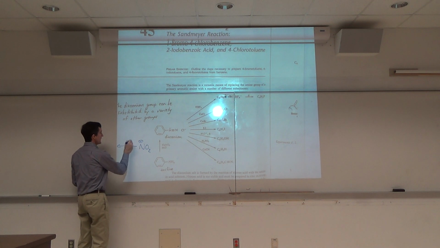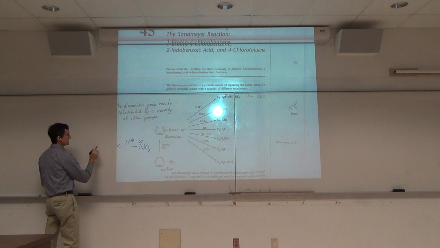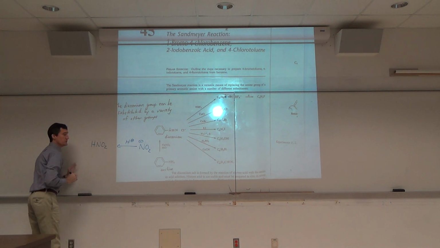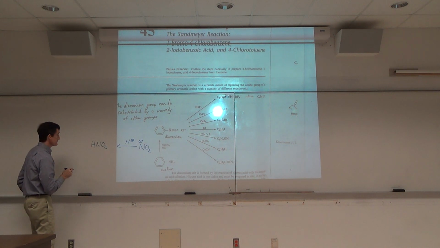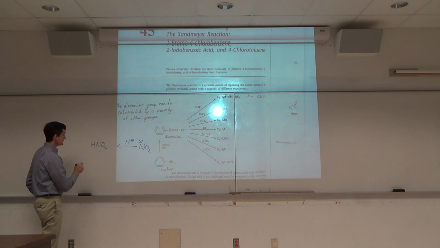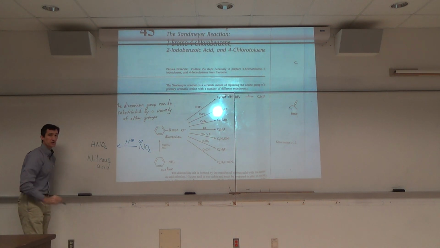If we protonate NO2 minus with a proton source, what would that give? HNO2. You can draw it out. What do we call that? Not nitric acid, but nitrous acid. HNO2.